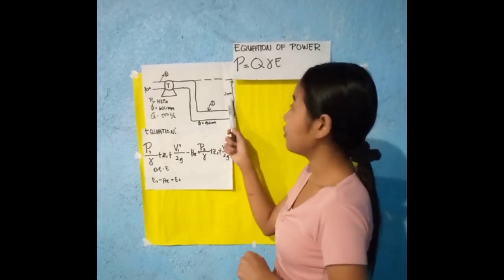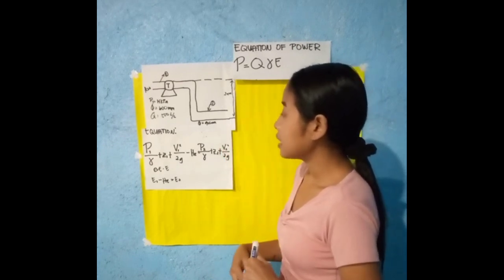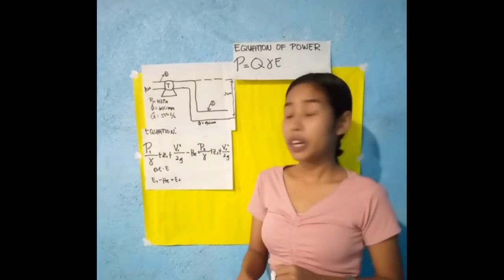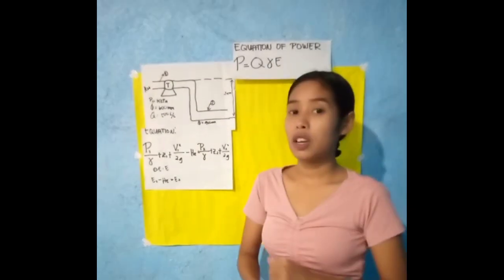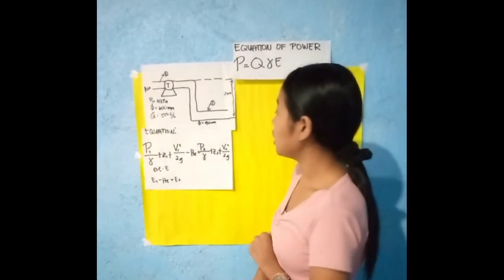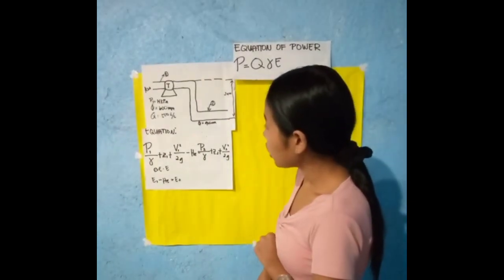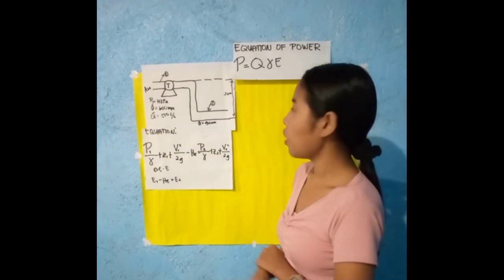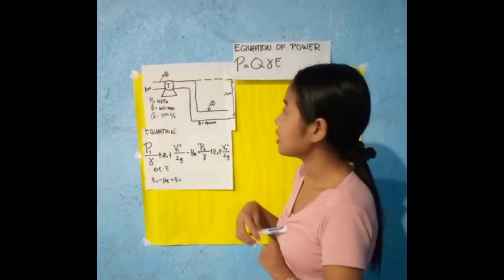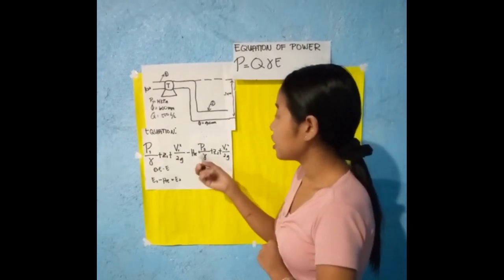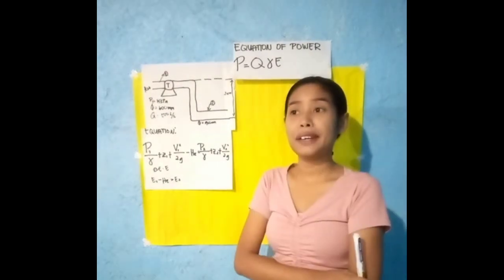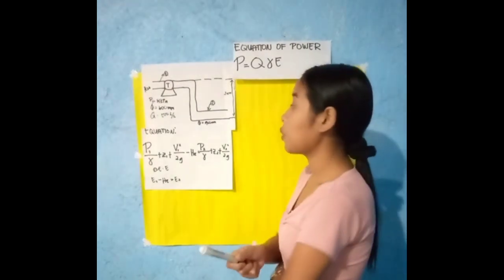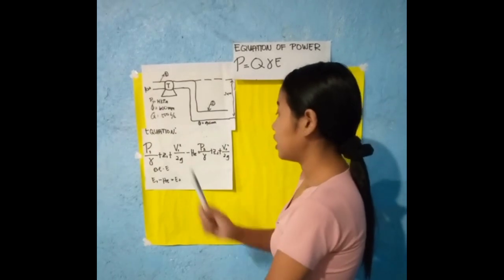We have also our elevation. But at this point, we did not know the value of our velocity. In getting the value of our velocity, we're going to use the equation in volumetric flow rate. So the required of this is only our energy head extracted, in order that we can solve our power later.